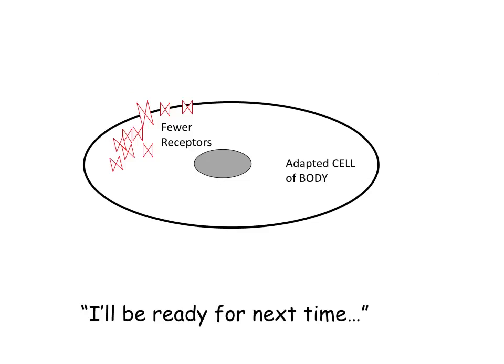Because it was overworked due to the last hormone signaling sequence, the cell will diminish the amount of receptors that are visible on its membrane for that particular hormone.